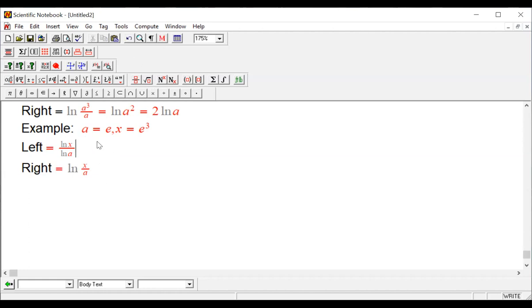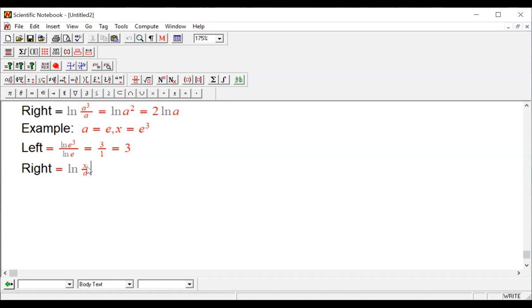Okay, we have a equals e, so this is e. x is e to the power 3. So the left-hand side is going to equal ln e to the power 3 is 3, and ln e is 1, so the left-hand side equals 3.